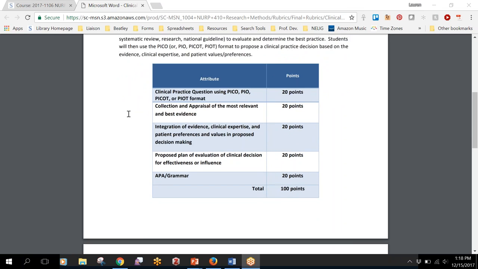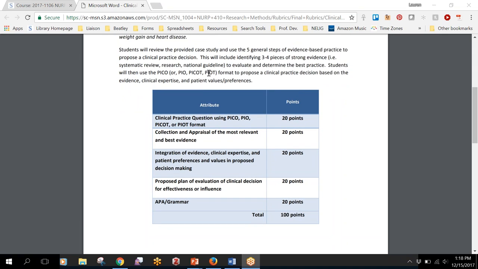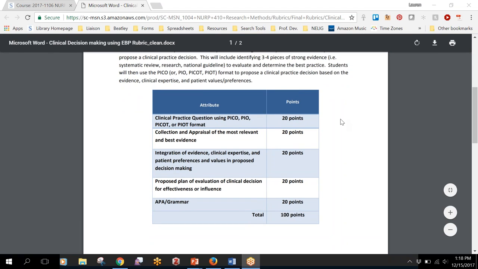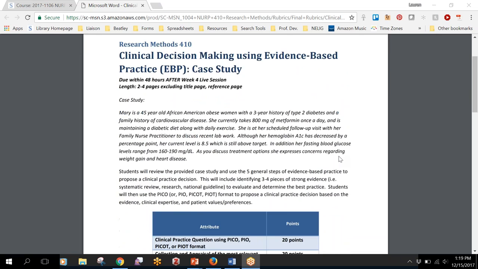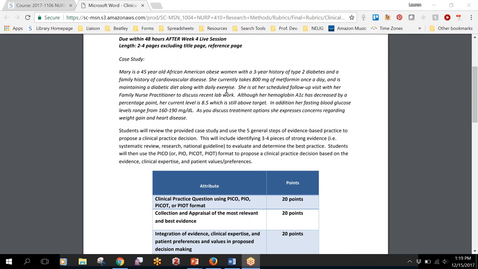And the reason that you need 3 to 4 pieces of strong evidence is because you want to make sure that you're using the best evidence that's available, and also because this is a complicated case, so there are lots of different aspects of the case that you'll have to piece together, from Mary's medical history, her current situation, her values, her cultural experience, things like that.